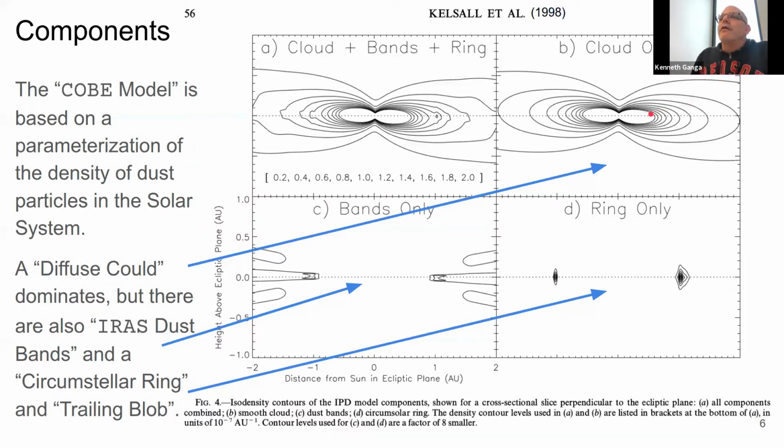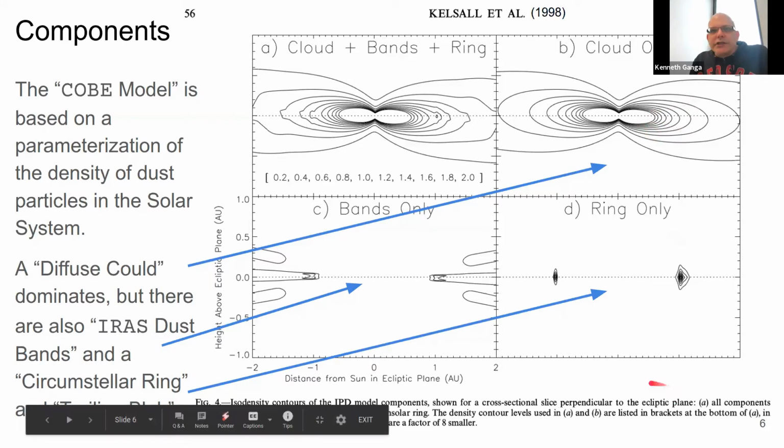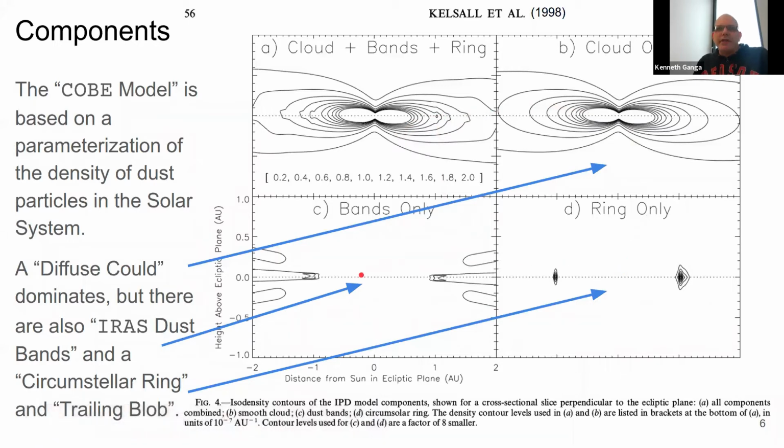So basically around where the earth is, which is usually at 1 AU, so it's around here, this is 4 times the same thing. It's kind of detailed, but basically all you really need to know is there's a cloud that looks like a torus of dust. And we're looking through this torus of dust.